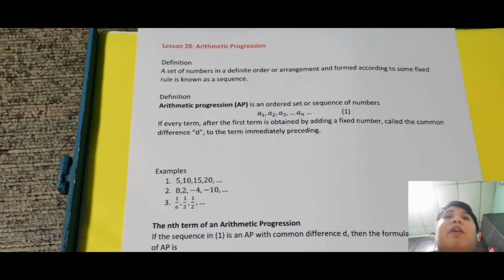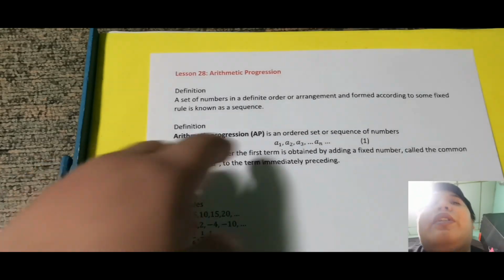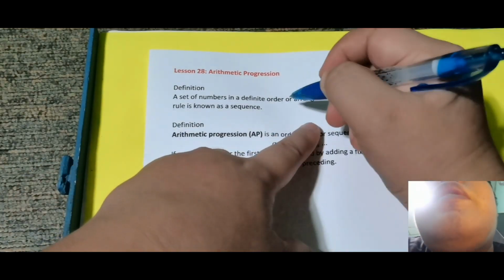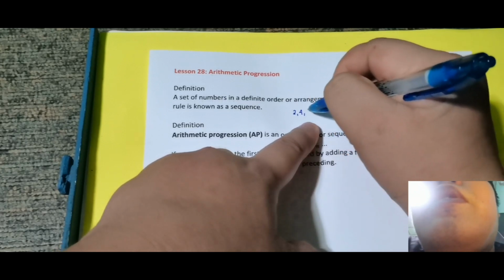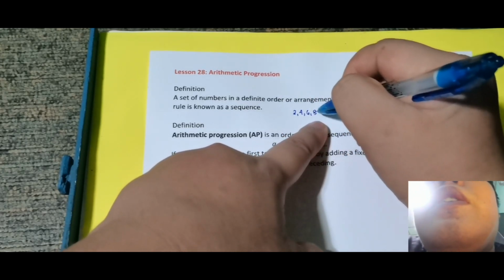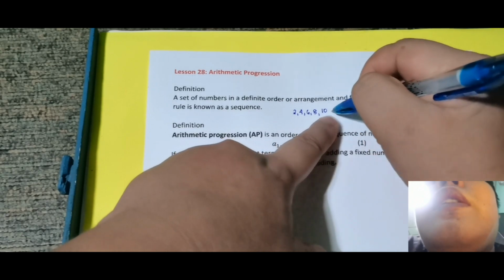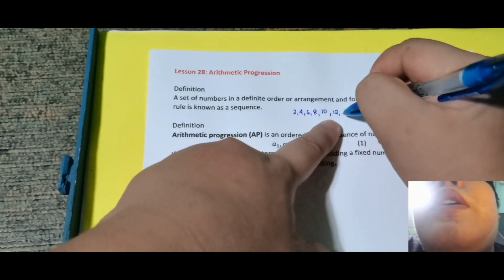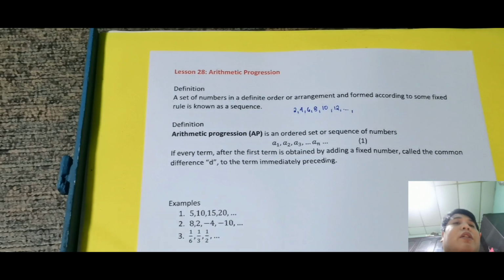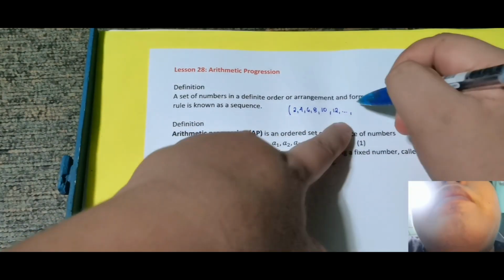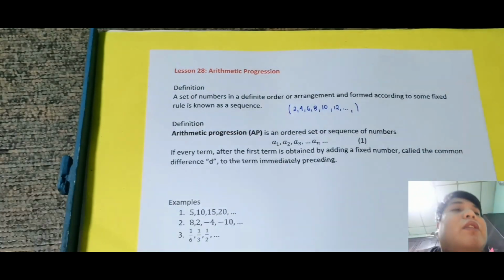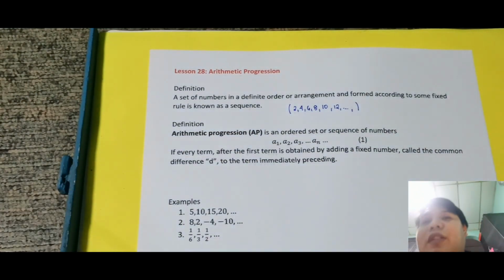For example, the set of even integers: 2, 4, 6, 8, 10, 12, and so forth. Yan ay sequence. Nire-represent yung sequence as ganyan, tapos meron siyang some fixed rule.